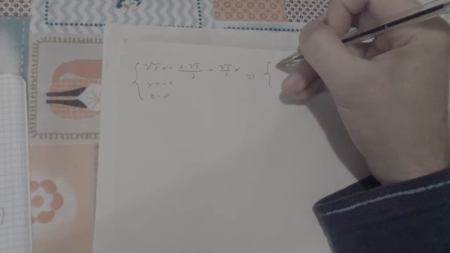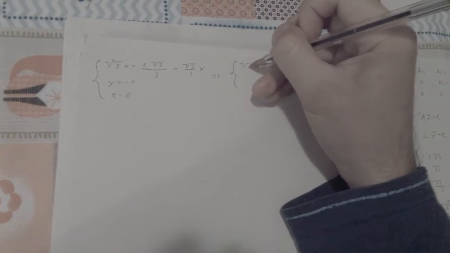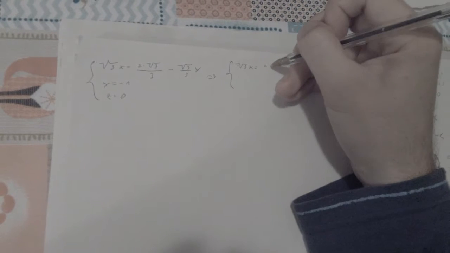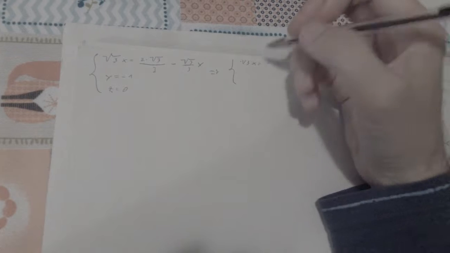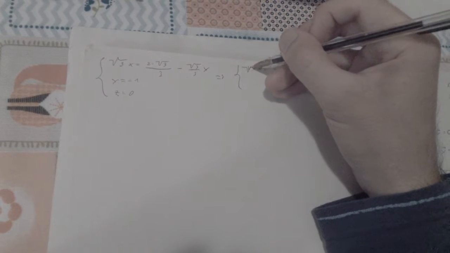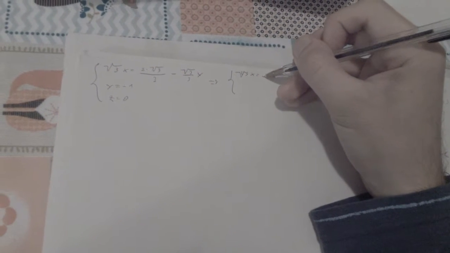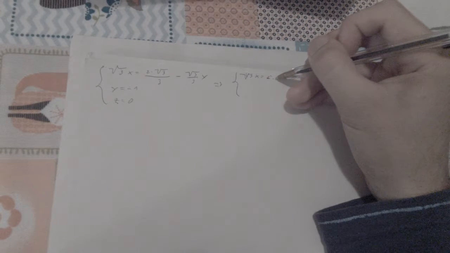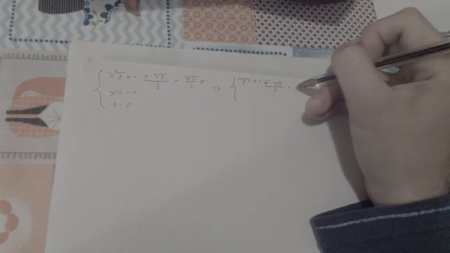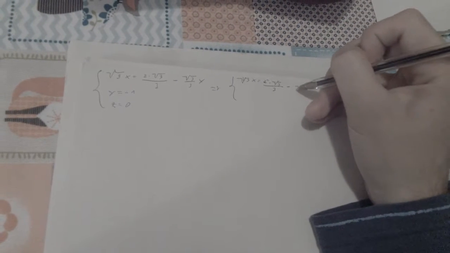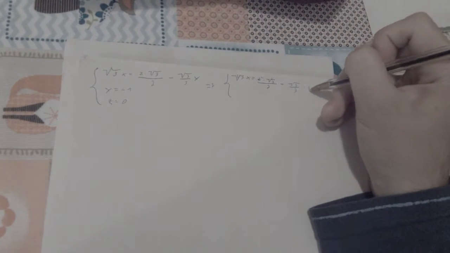And then we have square root of 3x equal to 2 times square root of 3 over 3 minus square root of 3 over 3 times negative 1.